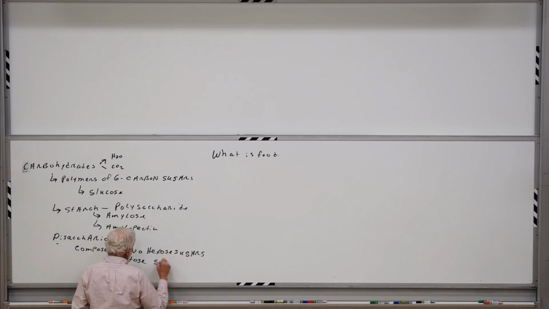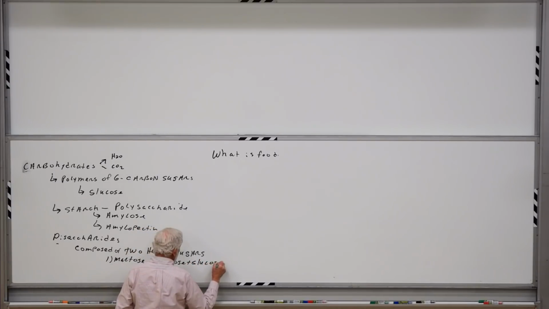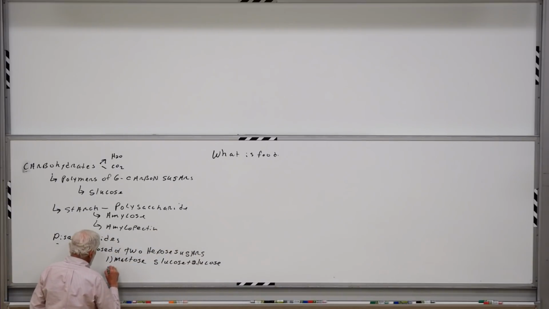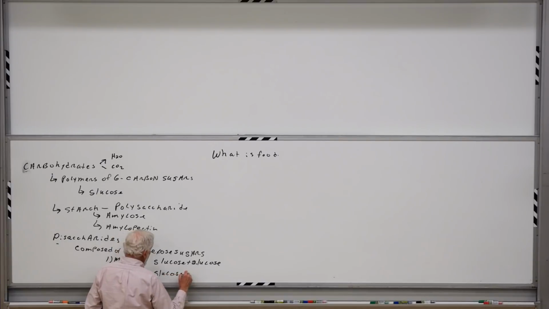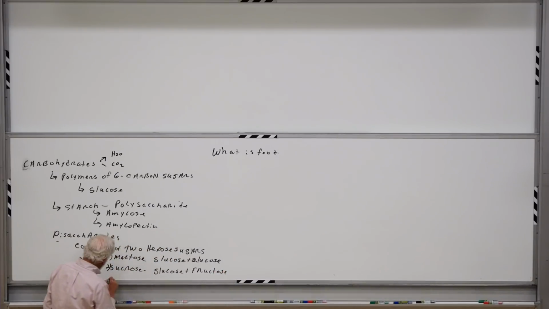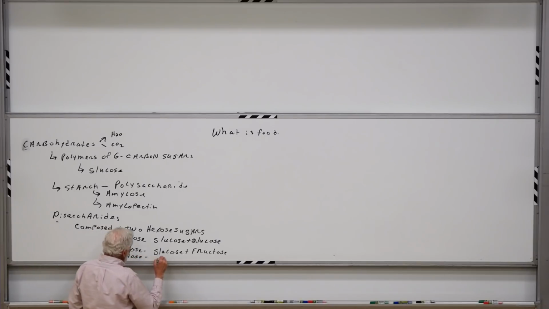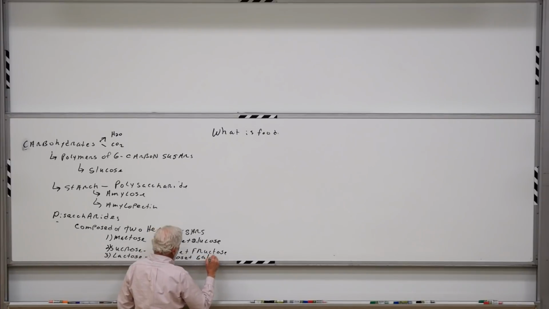That's glucose plus glucose. Or as sucrose, which is glucose plus fructose. Or the third character here, lactose, which is glucose plus galactose. This, of course, is milk sugar.